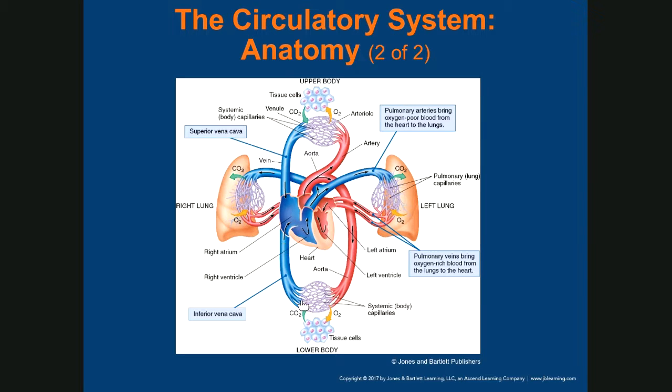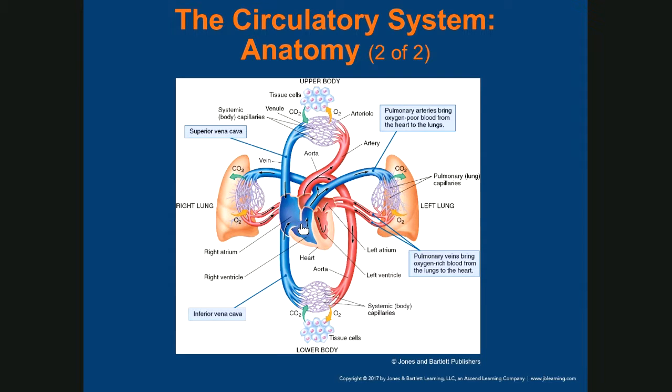This is deoxygenated blood, meaning it is not carrying oxygen, right? It is not oxygenated. This deoxygenated blood is then collected into the right atrium, which is right here. The right atrium then contracts and pumps that blood through this valve right here into the right ventricle.